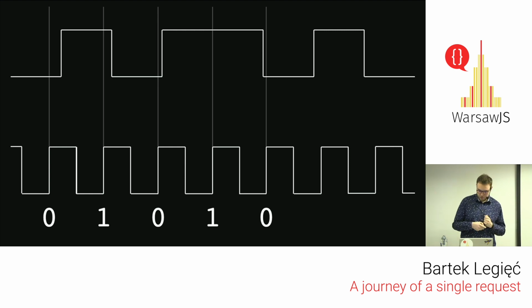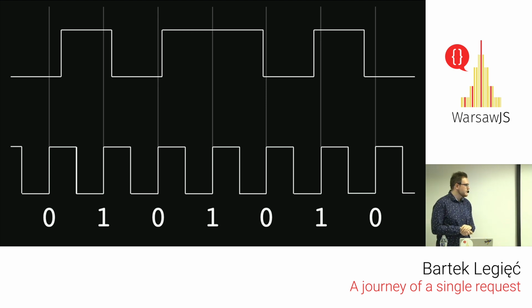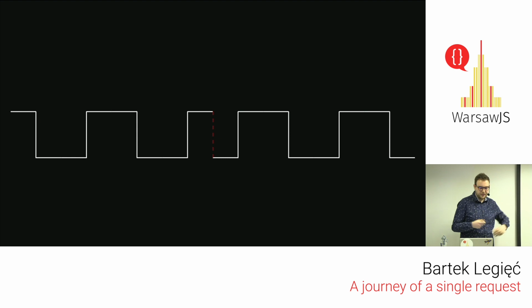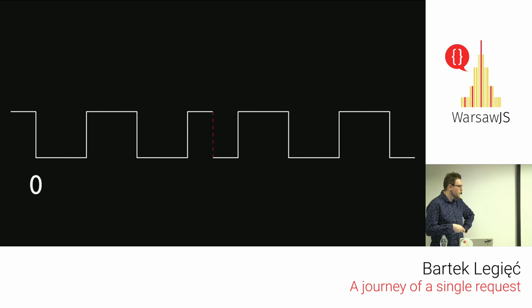There is a way to mitigate it. Some clever guys came up with a solution that maybe we should incorporate both of those things into one stream of data. So instead of saying that 1 is a high voltage and 0 is a low voltage, we change it so that 0 is the change from high to low, and 1 is the change from low to high.